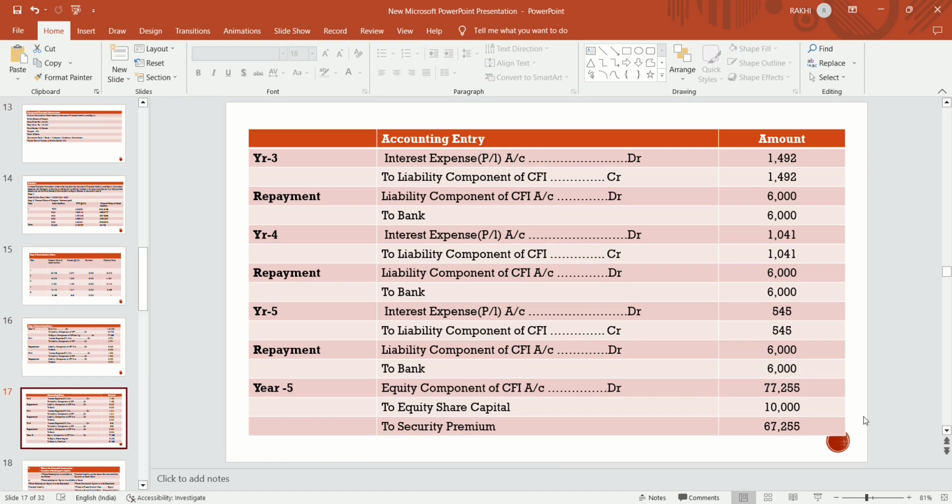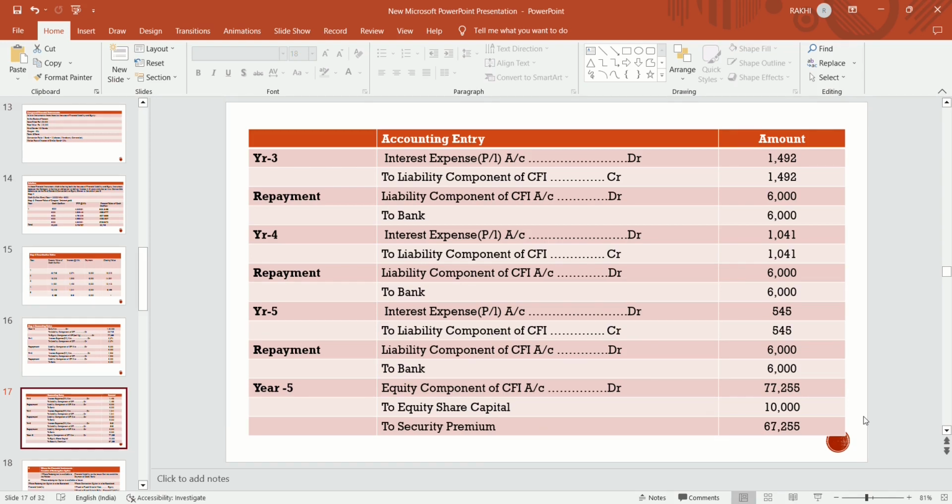Equity component of CFI account debit by 77,255 to equity share capital, that is 10,000, and to security premium, that is the balancing amount: 77,255 minus 10,000, that is 67,255, becomes the security premium.